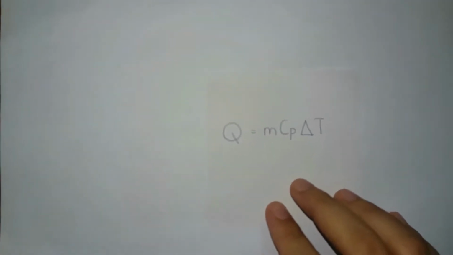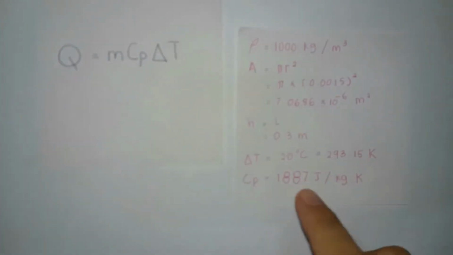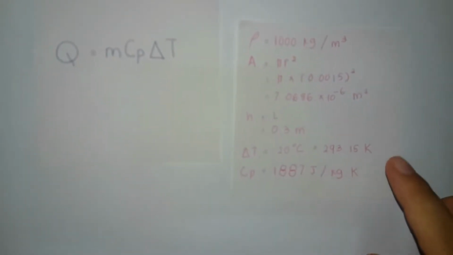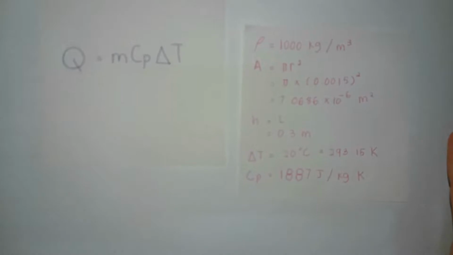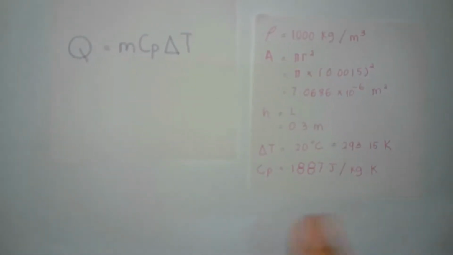Q is equal to mCp delta T. Here is the list for the equation: rho, which means density, area, height equal to the length of the plate, delta T and Cp.